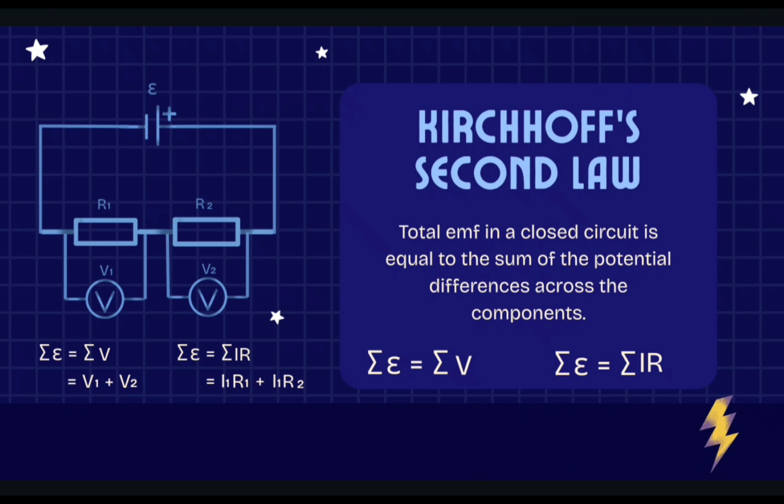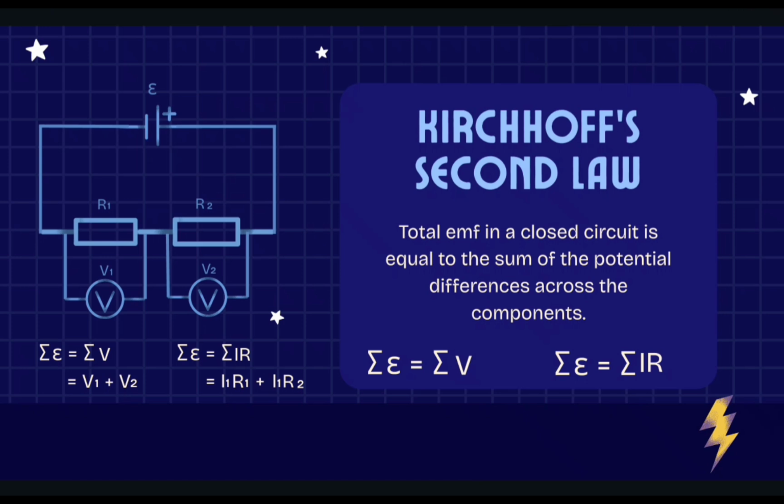Or we can replace the voltages using Ohm's law. That's why we can also write sigma EMF equal to sigma I times R, which means I1 multiplied by R1 plus I1 multiplied by R2.